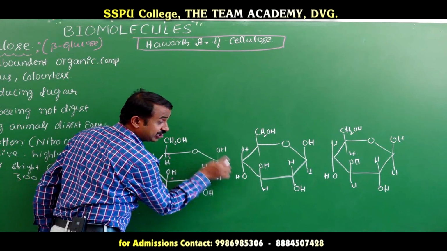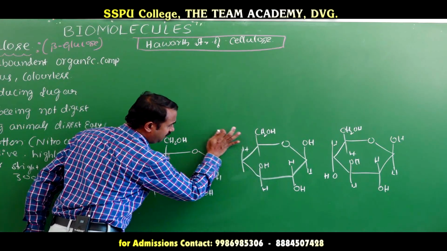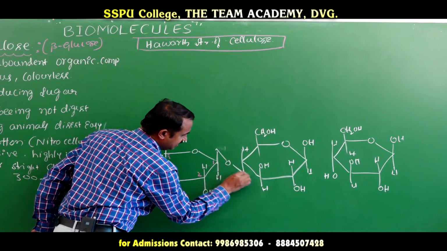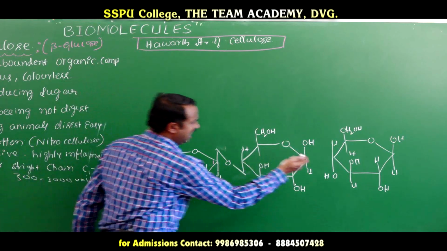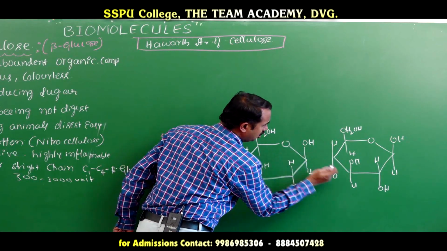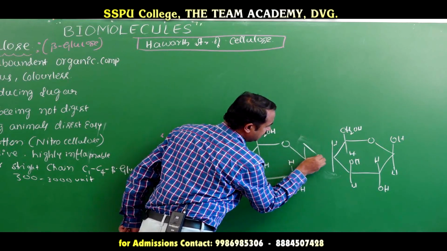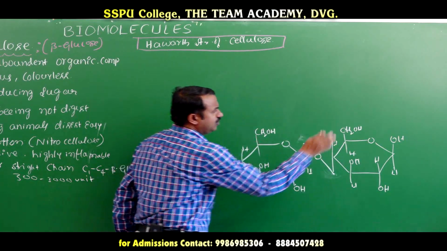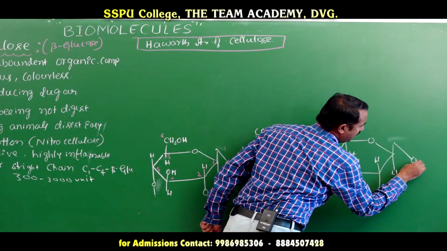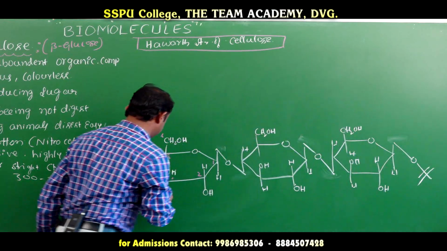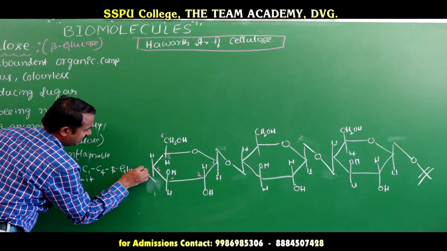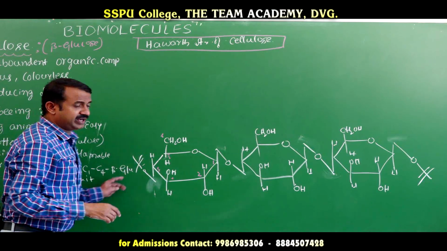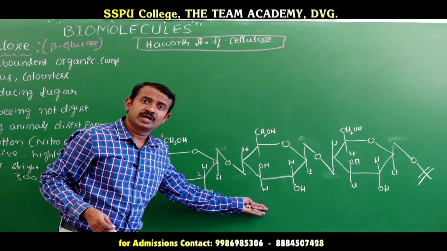Elimination of water molecules, N shape, elimination of water molecules. This we can also write here. Here also elimination of water molecules. Here also, if we go on, n number of water molecules. We can write this is also beta.